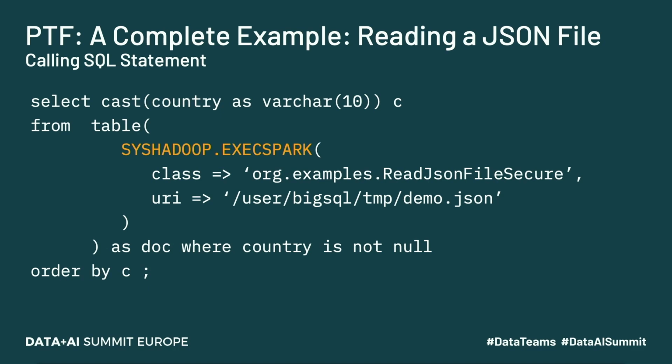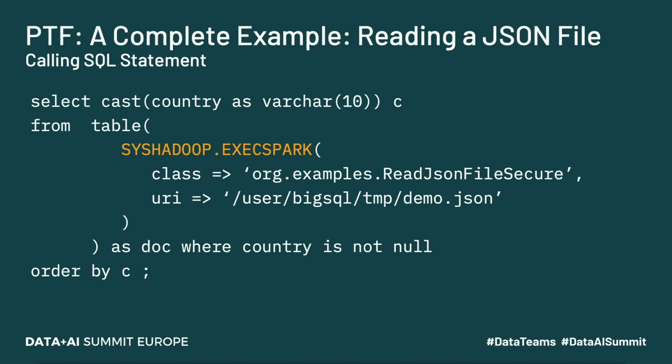And here on this slide, you see how the polymorphic table function is called. As we have seen on the previous slide, it's called execspark. It's in the schema sys Hadoop. And we are using it in a from clause, like one would usually use a table function.